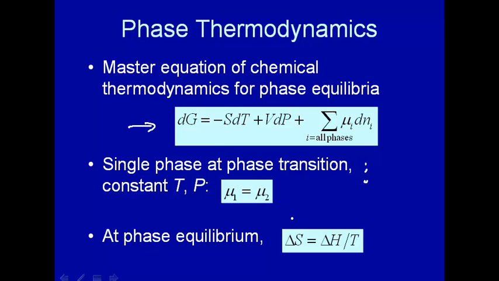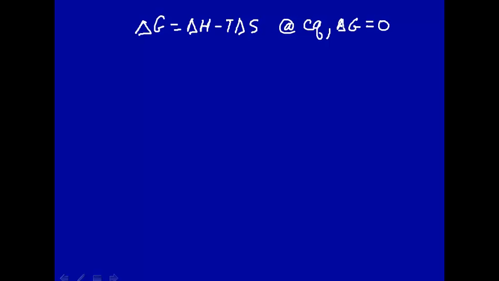Also note that at phase equilibrium, delta G is delta H minus T delta S. So at equilibrium, delta G is equal to 0, and this equilibrium we're looking at is phase equilibrium. This implies that delta S is just equal to delta H over T.